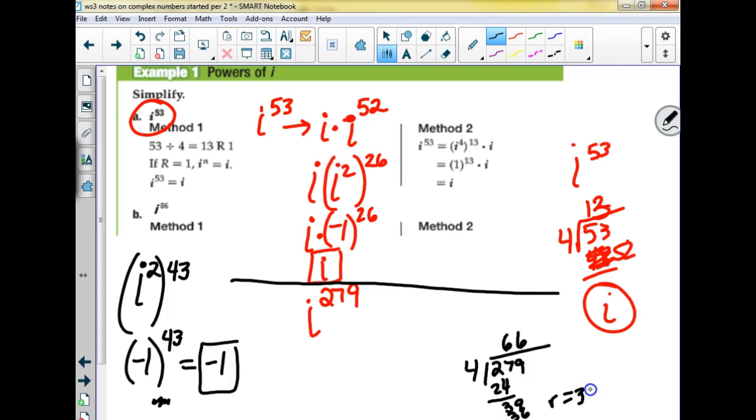Yes? Okay. So it went in 66 times, which is 1 to the 66. So that's gone because 1 to any power is 1. So there's 3 I's left over is what this means. It simplifies down to an I cubed. Do you know what an I cubed is? Yeah, because it's an I squared times another I, right? Which is -1 I.